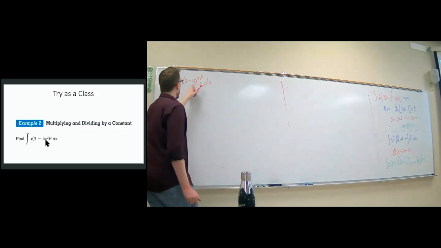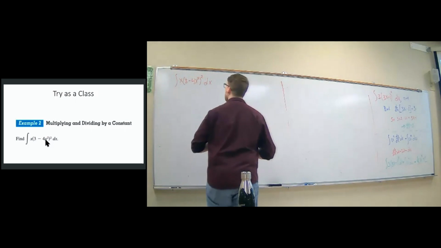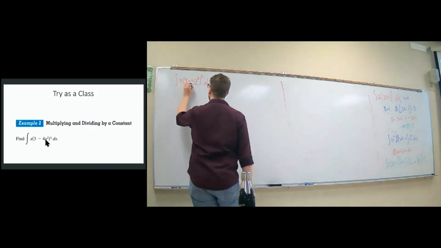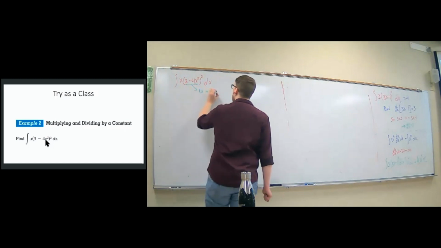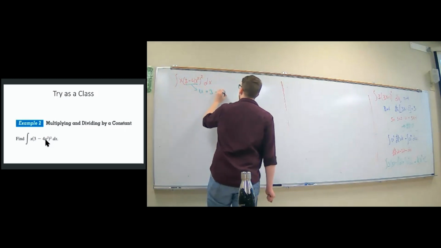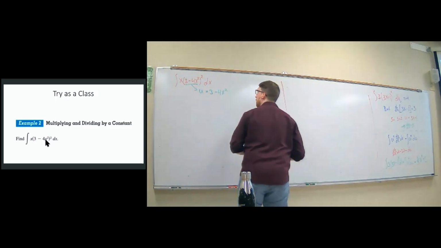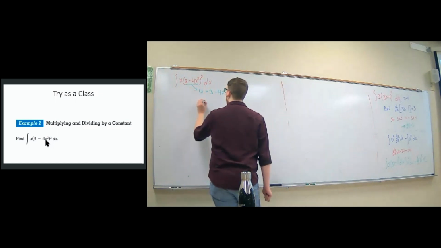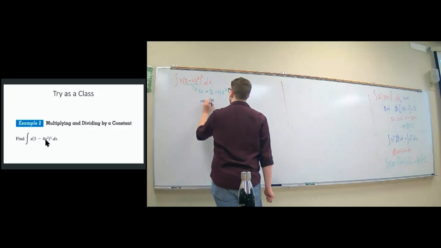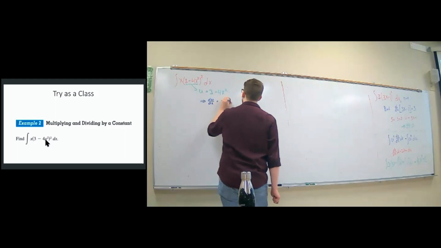Well, I think I want to use this interior as u. So u would be equal to 3 minus 4x squared, which would give us then that du dx is equal to negative 8x.